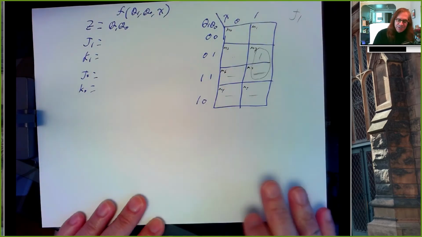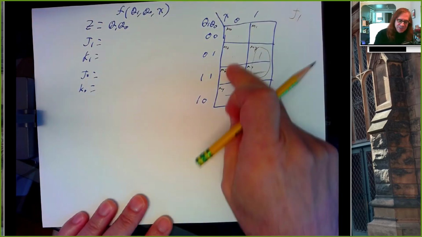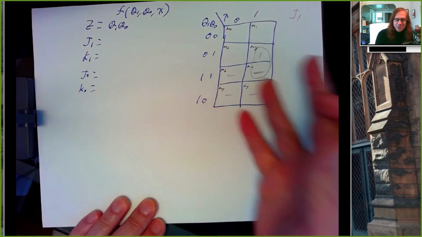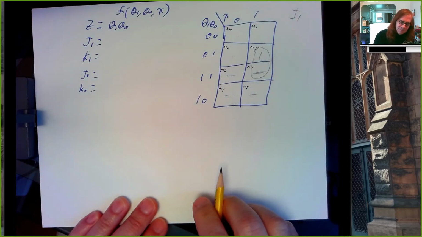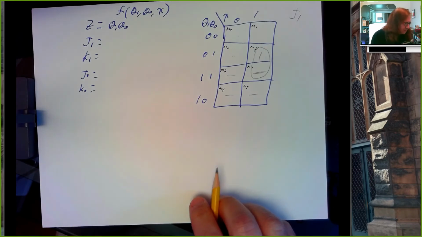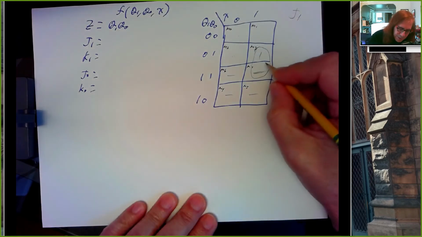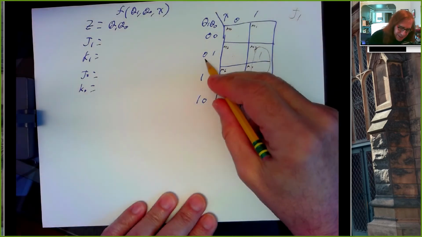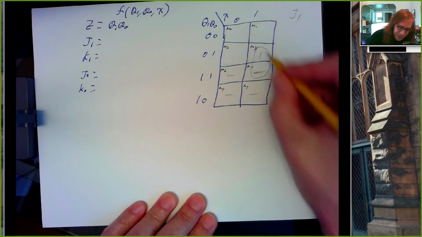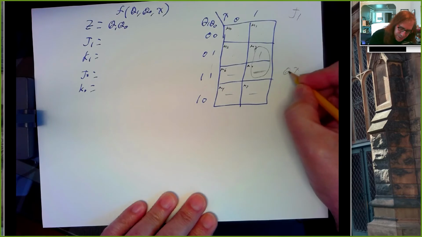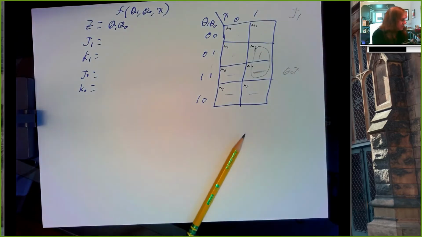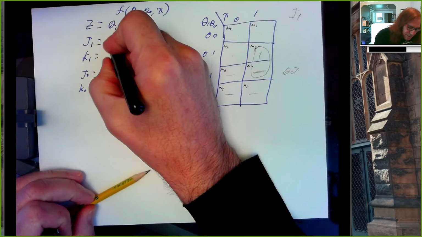So that's actually the whole covering for our K-map, and we just ignore these, which means we're basically treating them as zeros, but we're treating this as a 1. Just X and Q0. So it looks like Q1 doesn't matter, X has to be a 1, and Q0 has to be a 1. So now we can write down an equation for J1: it's Q0 X.